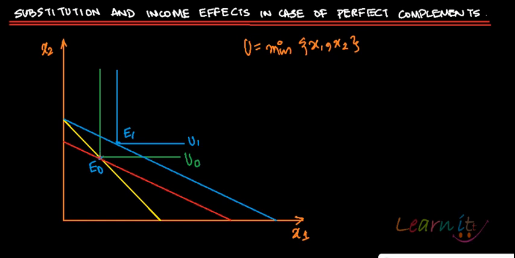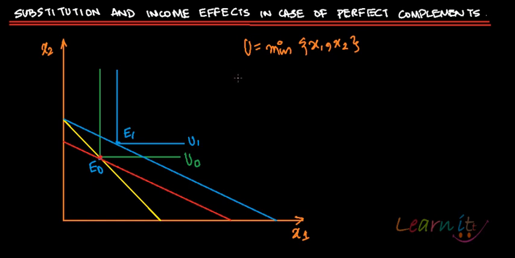Okay, so there is no substitution effect, because in case I could have drawn some other indifference curve at some point such as this, then I could have said that the movement from E0 to this point would be a substitution effect. But I cannot draw such an indifference curve because I know that the kink is lying here only, and he'll be consuming at this point.